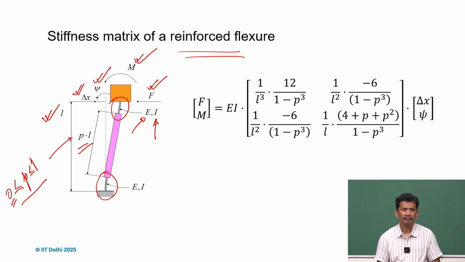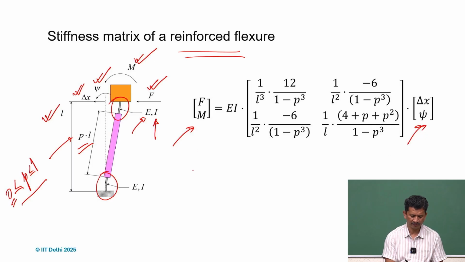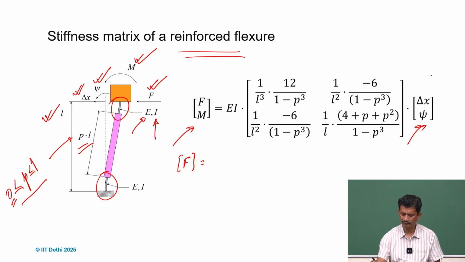These are the material properties, and you have the geometry, the section values, the area moment. And in the case of a cantilever or any beam, we have already seen and derived it. On similar lines, we can get the relationship between the forces, force and moments, and the displacements here, delta x and psi.